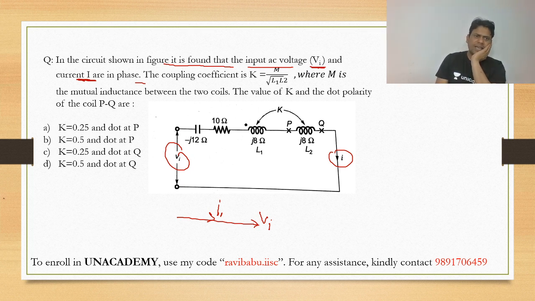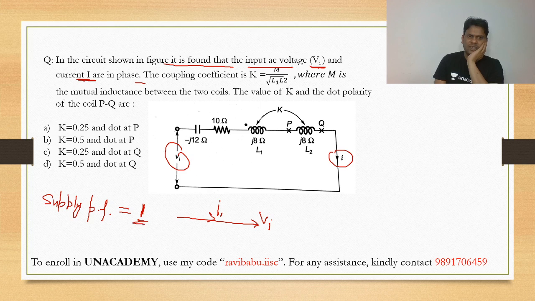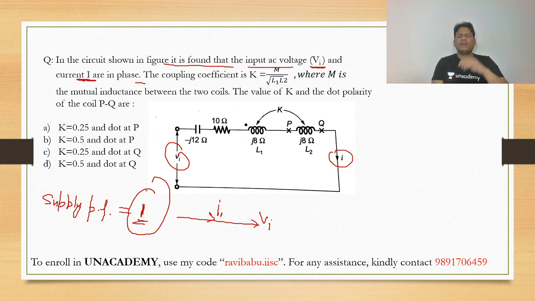This is obviously the supply. So what will be the supply power factor? Supply power factor is nothing but unity because V and I are in the same phase. So the first line says that your supply power factor is 1. This is the most important thing.